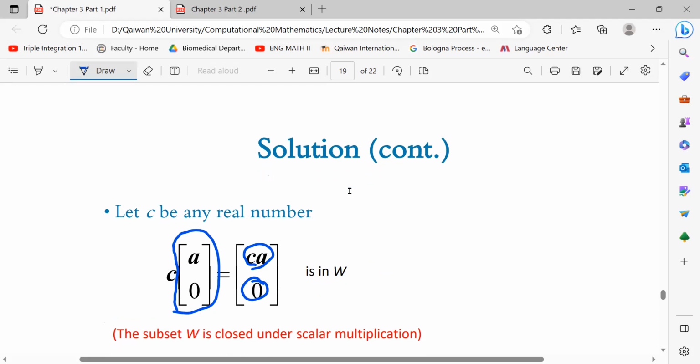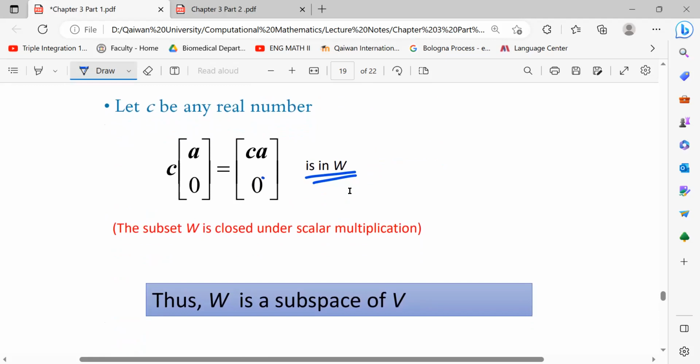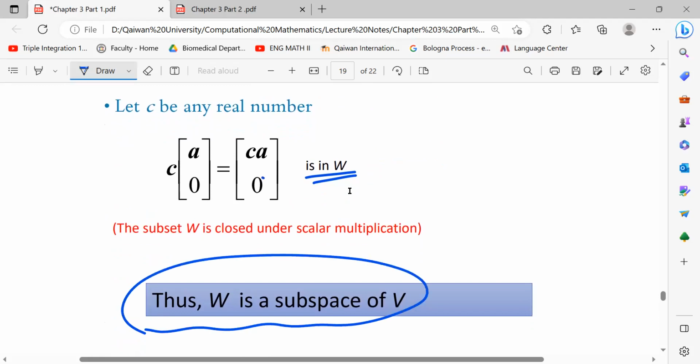Yes. So it is still in W. That means both conditions are satisfied, so W is a subspace of R2. Here V is R2, so W is a subspace of V.